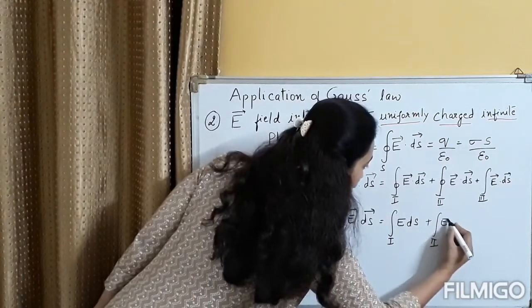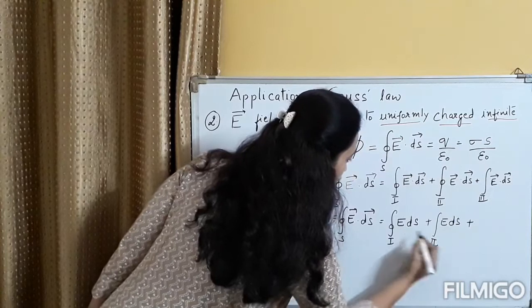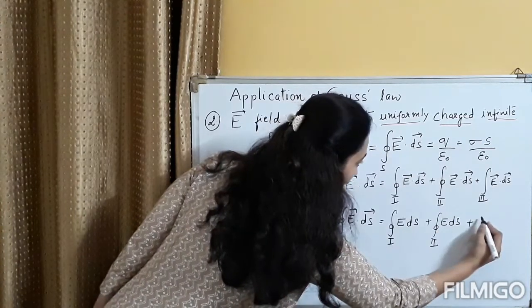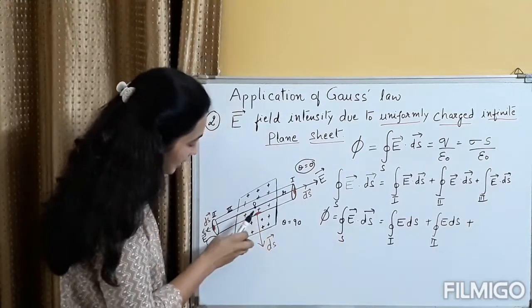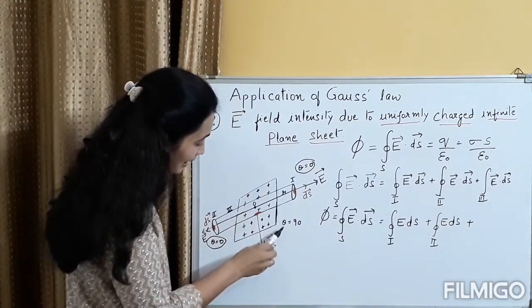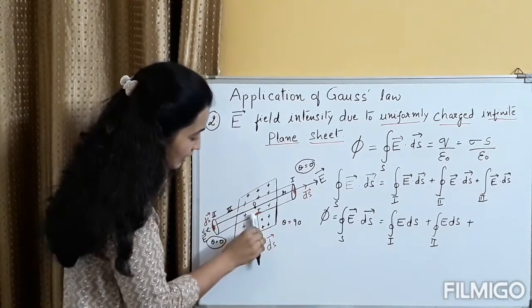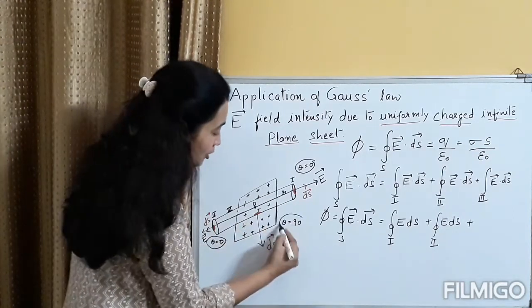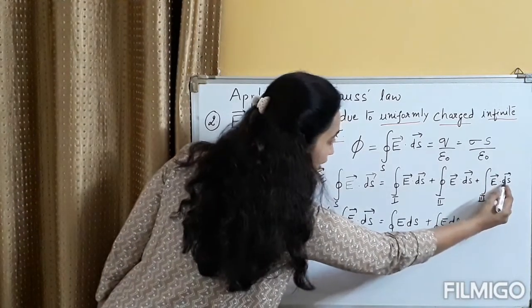So it becomes E ds plus, this is the integration over the complete surface, plus the third part. Here we can see the electric field is in this direction, the area vector is the outward normal, and the angle between them is 90 degrees. So this complete term vanishes.